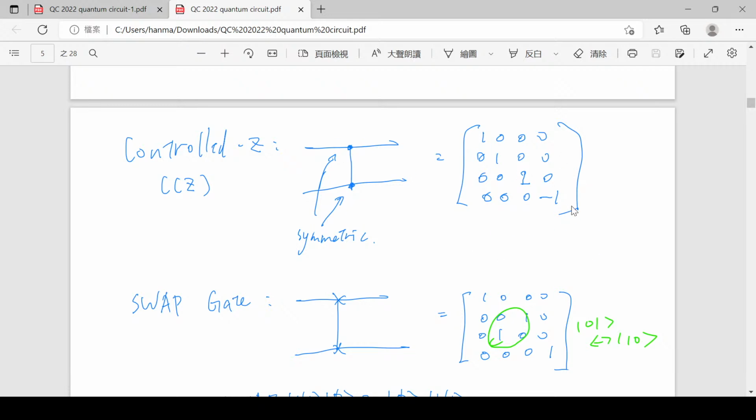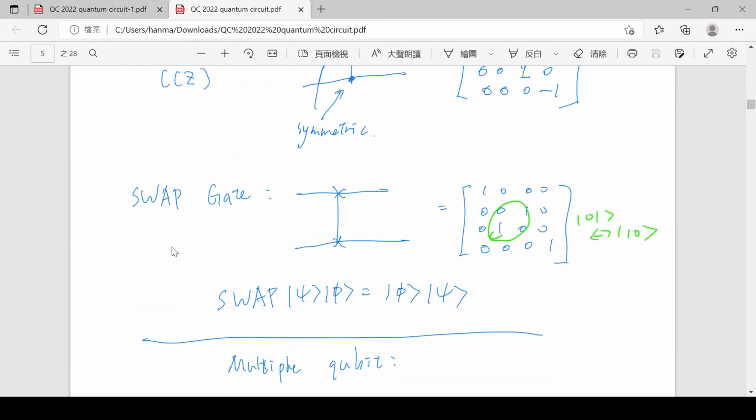Because when you write down its matrix, you find out it does something only when both the control and target are 1. When both the control qubit and the target qubit are 1, you apply a -1 phase.